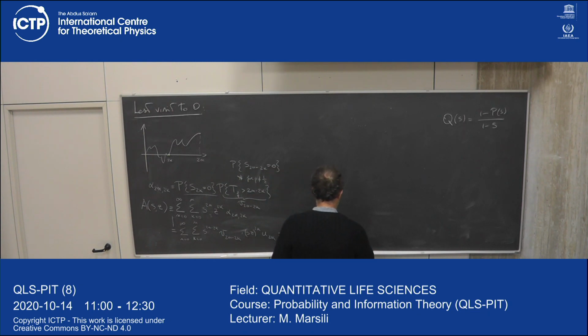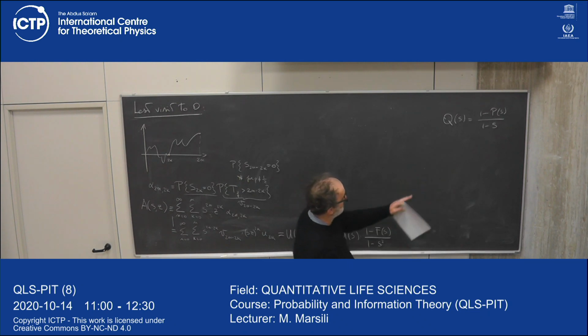So this is u of s times 1 minus f of s divided by 1 minus s squared. Why s squared and not s?